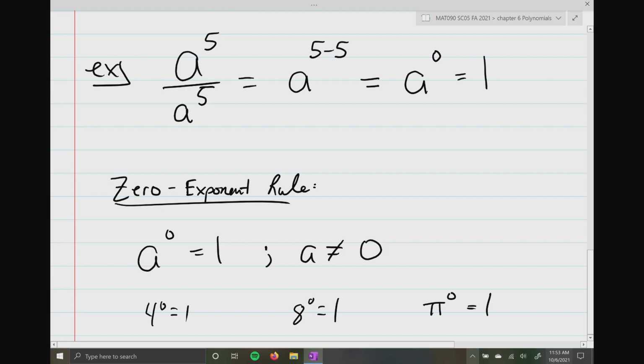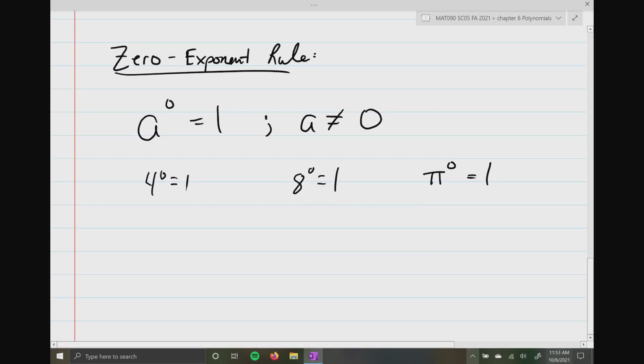Okay? But I think it's really good if we understand why. So earlier I gave us this problem, and now I'm going to drag it out here a little bit. 5 to the third divided by 5 to the first is 5 to the 3 minus 1, which is 5 to the second, or 25.